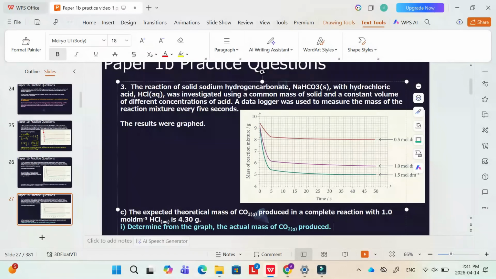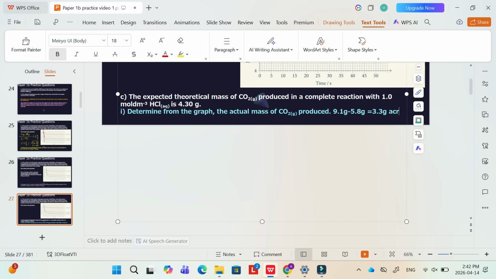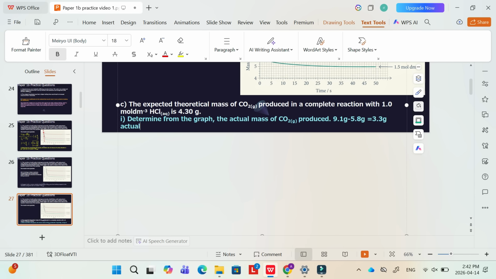And I think I got that from 9.1 grams starting point down to 5.8 grams. So that's about 3.3 CO2 produced. That's actual. So we'll compare that with theoretical in the next part of this question, I'm sure. 3.3.